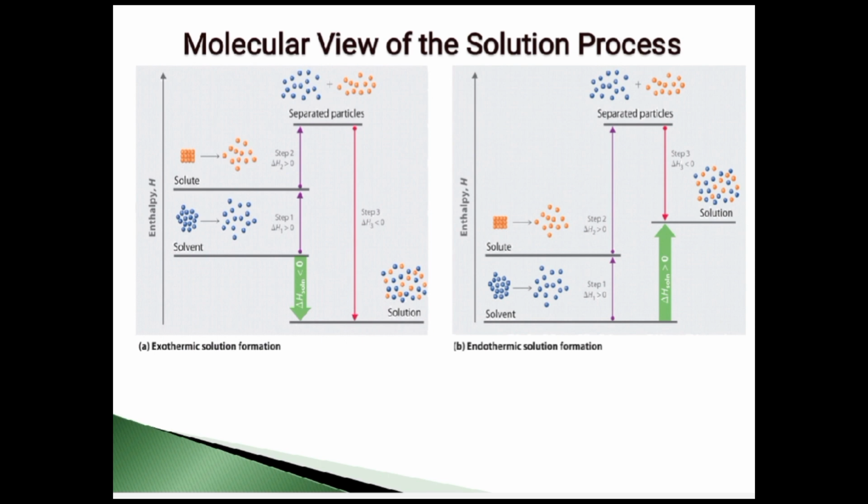After their mixing, because the solution process is not so favorable, and the interaction between the solute and solvent molecules is weaker, the energy change is not as much as the energy absorption which happens in steps 1 and 2. So we can say delta H should be greater than 0, and the overall dissolution process is endothermic in nature.